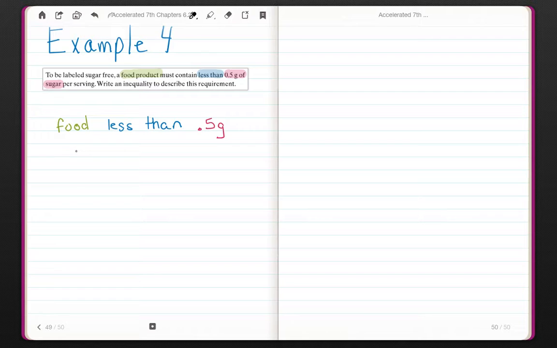So the amount of sugar in my food is x, and it must be less than 0.5 grams. And there is the inequality pulled from those words. So if it helps, write it out in words first. What are those important words, those keys? The food product. Whatever food I have has to have less than 0.5 grams of sugar. So food, less than 0.5 grams, and here's your inequality.